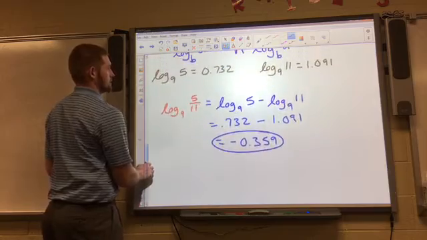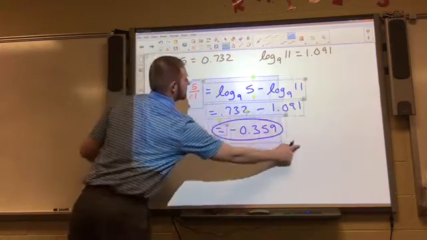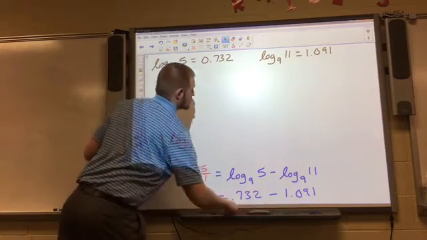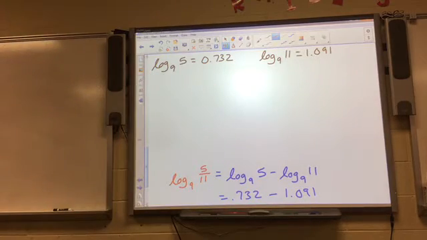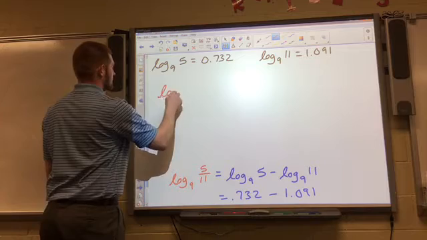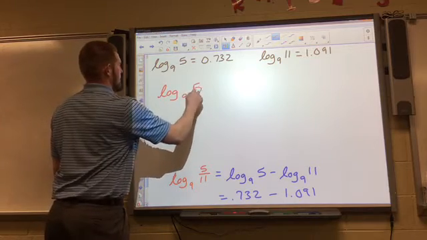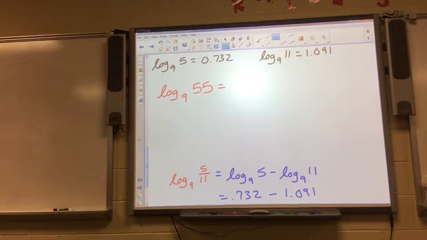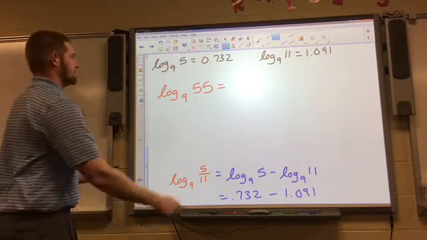Okay. I'm going to move this down out of our way so we can do the next one and still see those. The second one they have for us is log base 9 of 55. Now that doesn't have either of those numbers in it, does it? But what do you notice about it? 55 is actually 5 times 11.